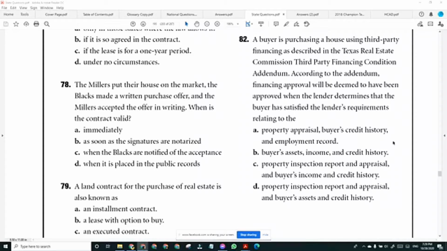A, property appraisal, buyer's credit history and employment record. B, buyer's assets, income and credit history. C, property inspection report and appraisal and buyer's income and credit history. D, property inspection report and appraisal and buyer's assets and credit history. So third-party addendum, okay? The lender determines the buyer has satisfied the lender's requirements relating to what?